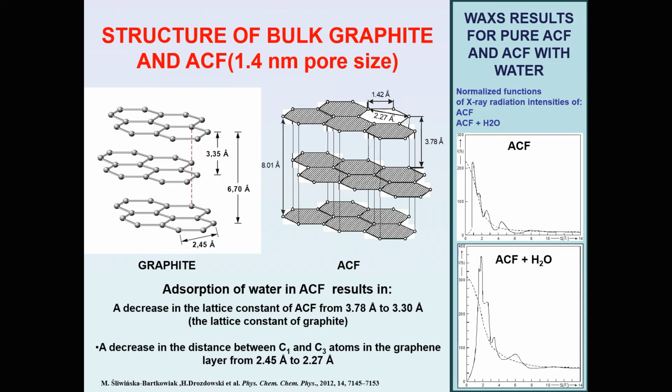On the basis of our WAXS results, we find that the structure of the ACF nanocrystallites has a turbostratic character, and the lattice constant is 3.78 angstrom. When water was adsorbed by ACF, we find that the structure of ACF is changed, and the lattice constant is the same as the lattice constant in graphite.